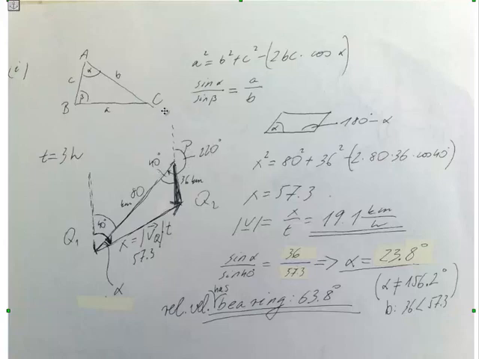It is here to the north, and its distance is 80 kilometers. Then it's south, and this is the distance from P. And 220 minus 180, it's 40 degrees. And here in this triangle we can use this formula.